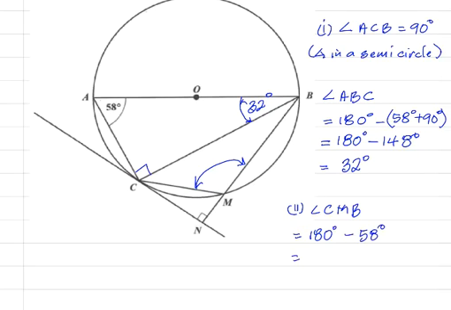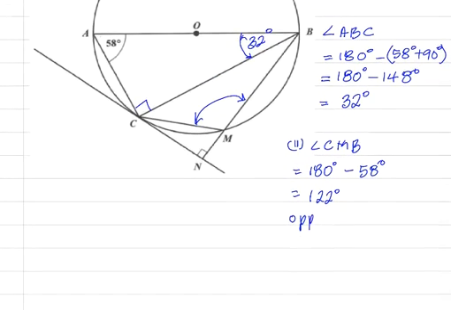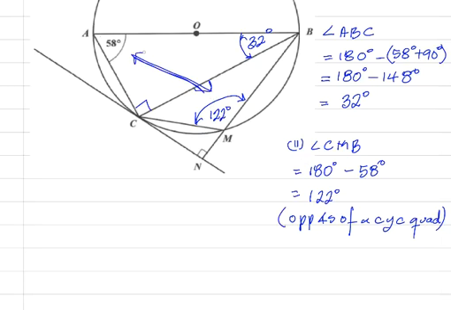So this would be equal to 122, and they're opposite angles of a cyclic quadrilateral. Opposite angles of a cyclic quadrilateral are supplementary. So these two angles here must add up to 180 degrees. They're opposite angles of a cyclic quadrilateral.